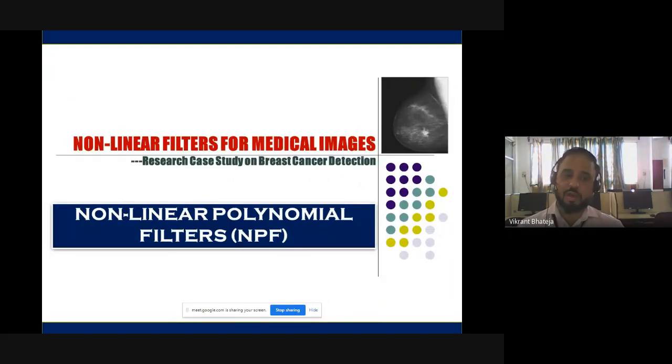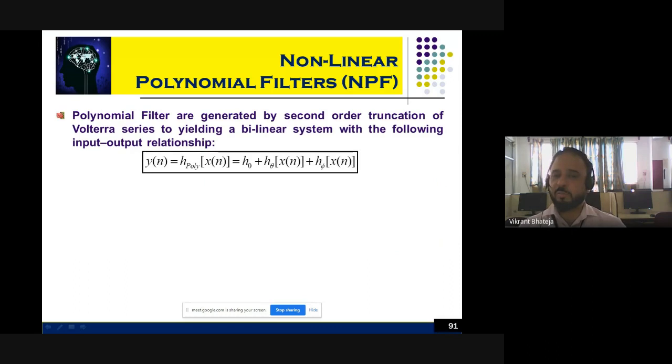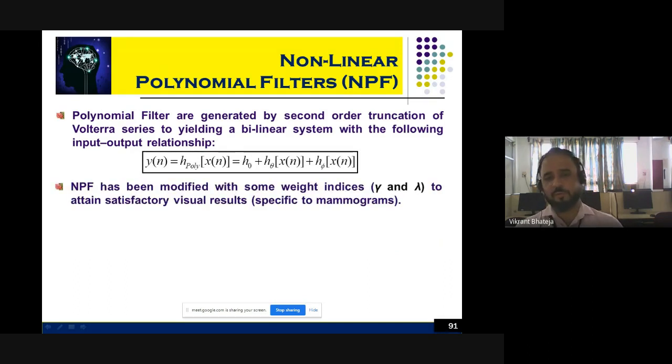Now coming to my contribution in this particular domain, that is your nonlinear polynomial filters. Nonlinear polynomial filters are developed from Volterra filters, because what we have seen is that in the case of Volterra filters, a trade-off between the linear and the quadratic components has to be controlled. We have achieved this control through two parameters, gamma and lambda.